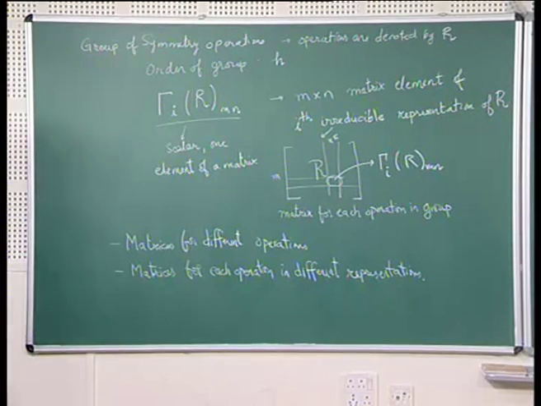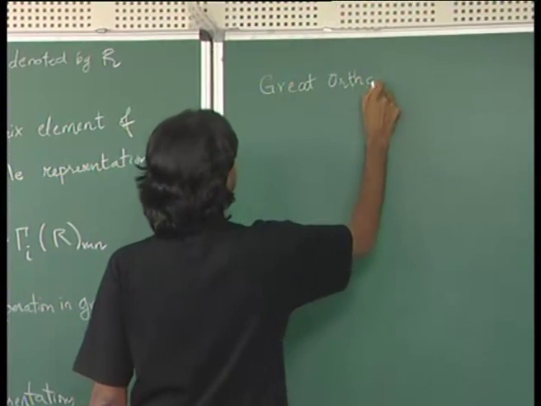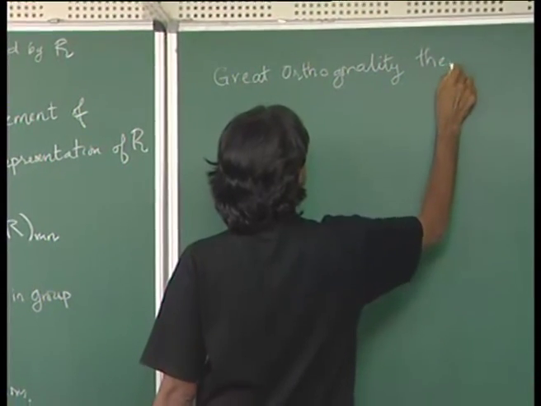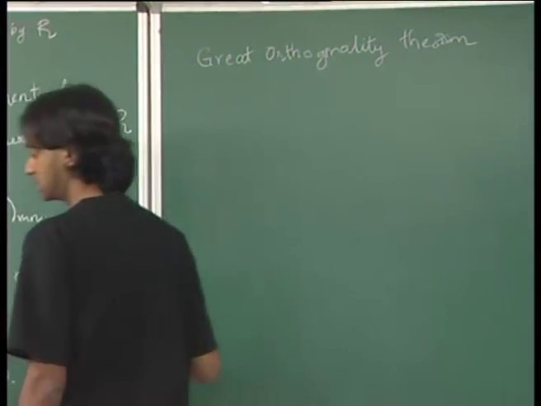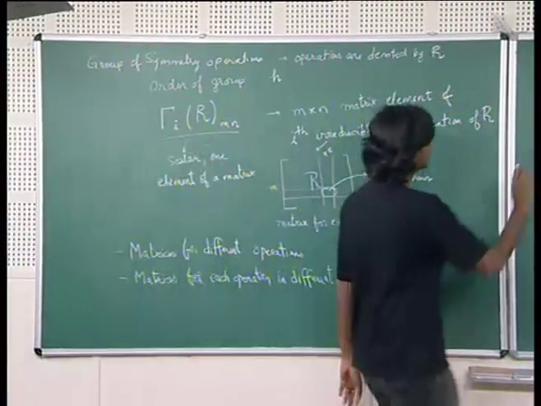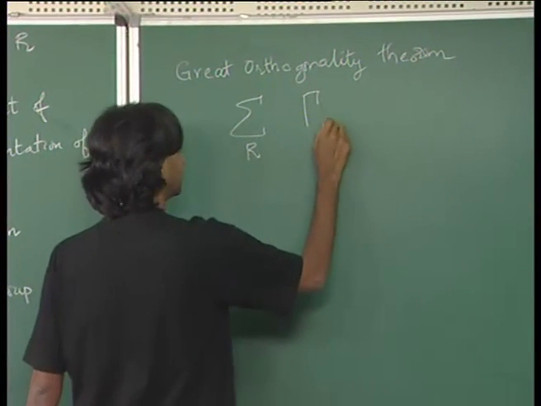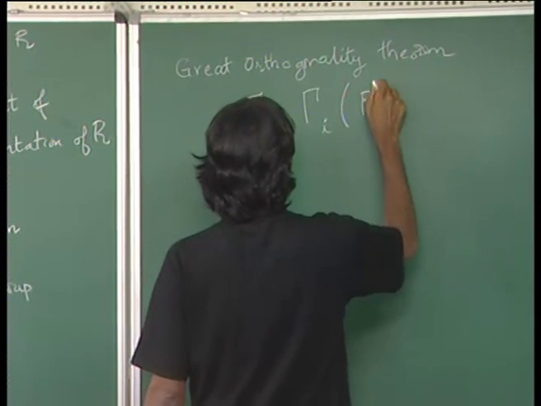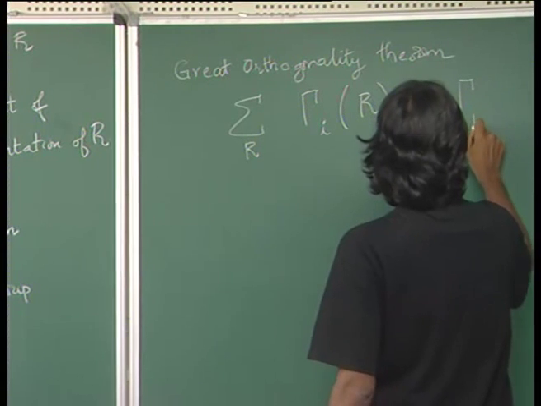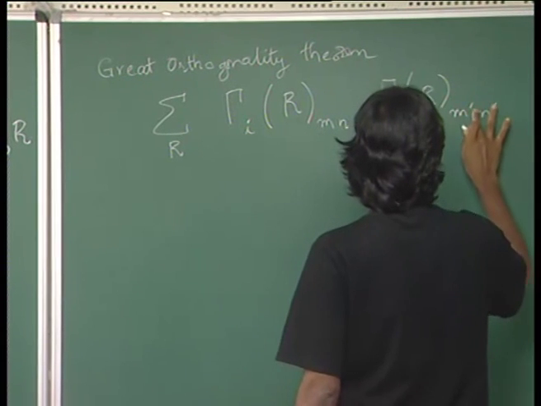So, the great orthogonality theorem states, okay, we will write it in the following form: sum over R, gamma I of R m n, gamma j of R m prime n prime.